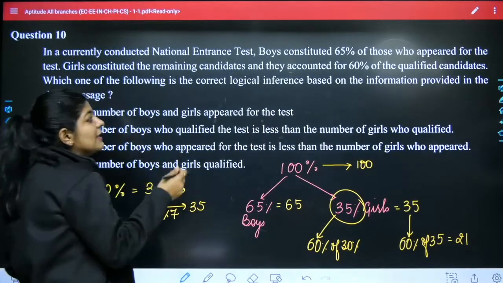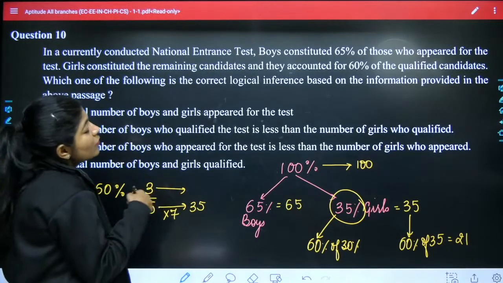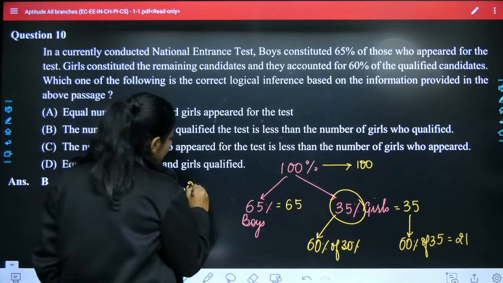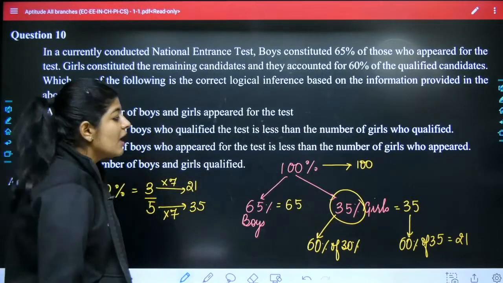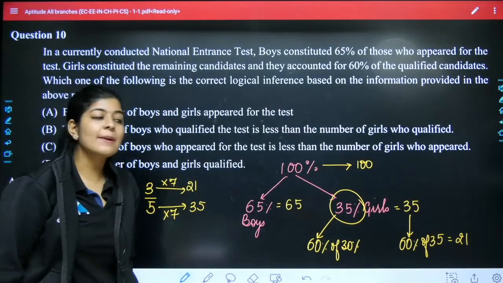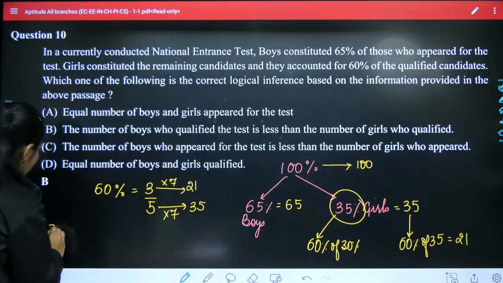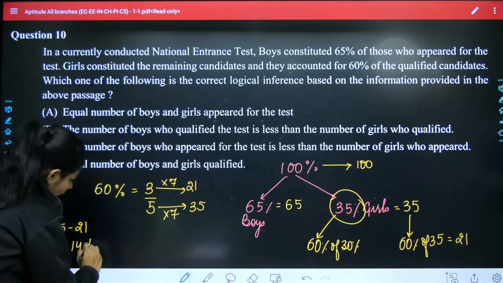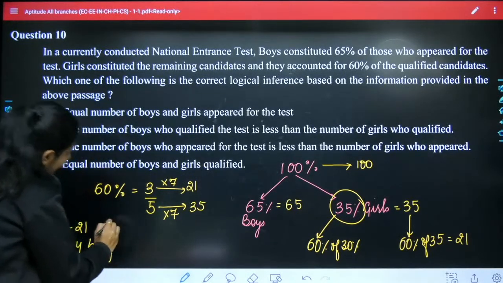Then the total girls who qualified the exam are also a multiple of 7. That means 21 girls qualified the exam. The remaining qualified students are boys. So 35 minus 21, that is equal to 14. So 14 boys qualified the exam.